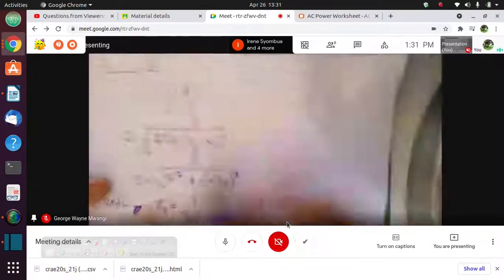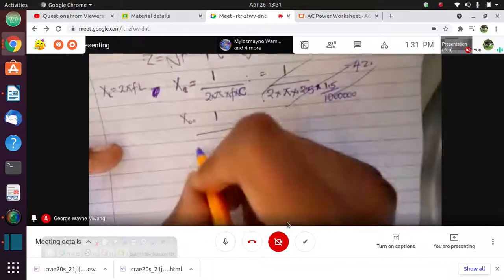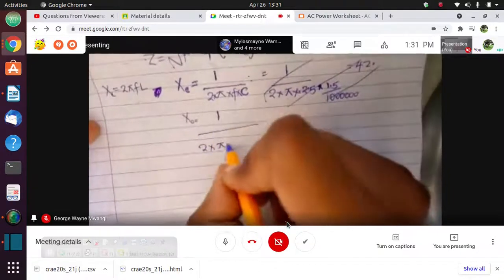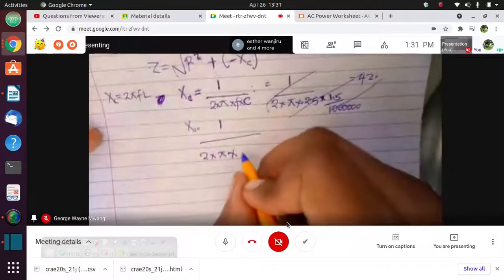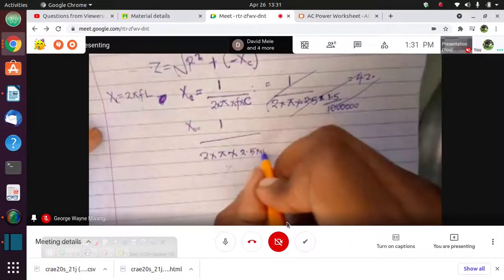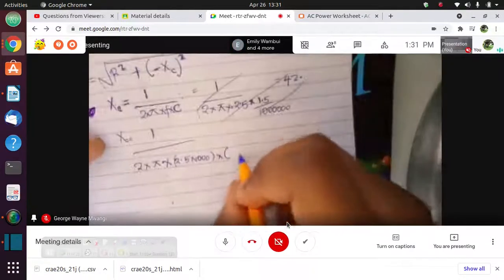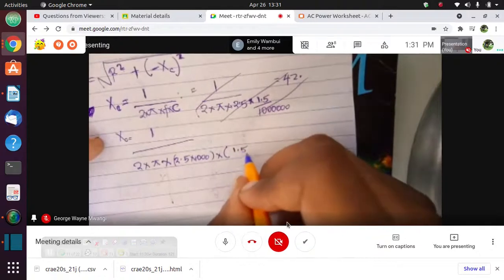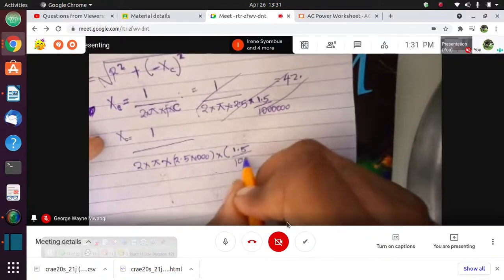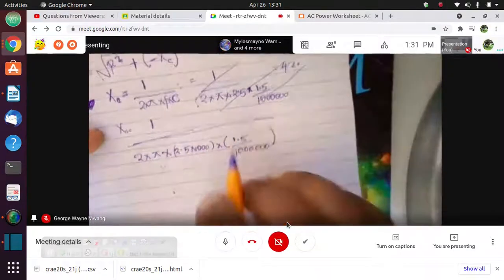The value of the capacitive reactance is 1 over 2 times pi times the frequency. Changing kilohertz to hertz, you multiply by 1,000. So 2.5 times 1,000 changes it to hertz, and then changing microfarads to farads, you divide by a million. So 1.5 divided by a million, or we multiply by 10 raised to power negative 6.